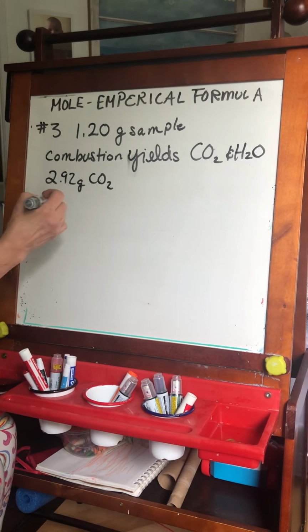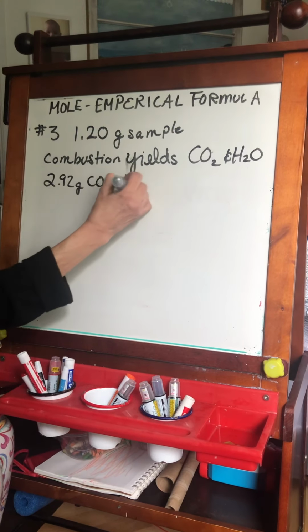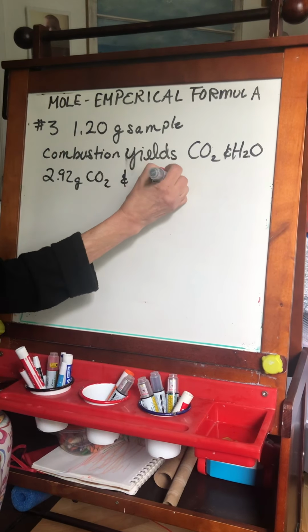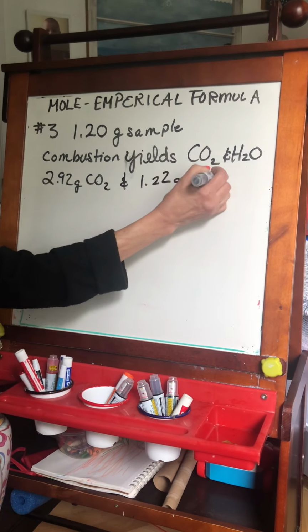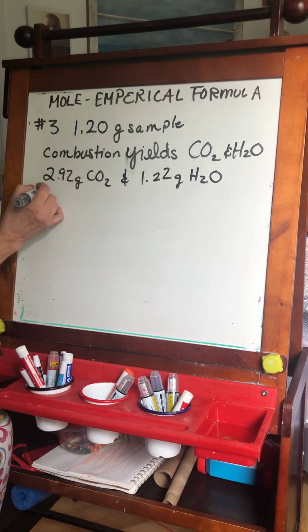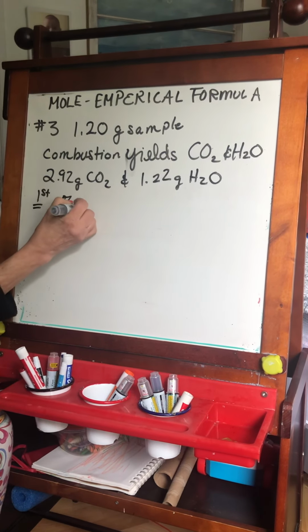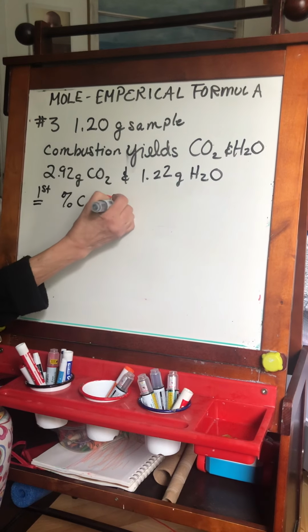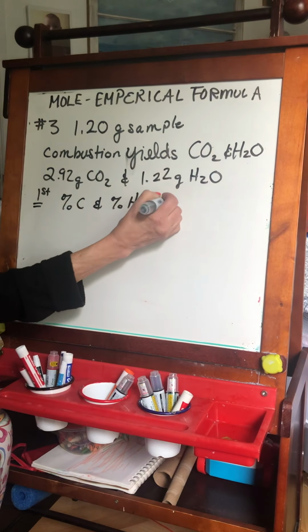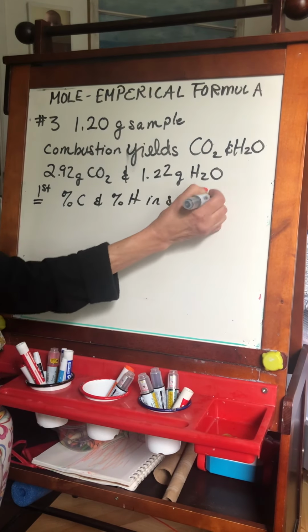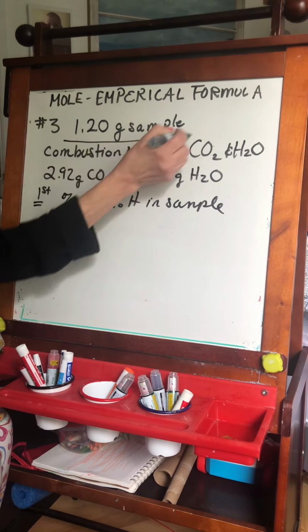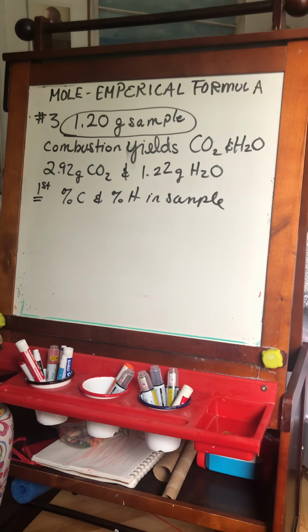And we have 1.22 grams H2O. So your first step is to find the percent carbon and percent hydrogen in your sample. And remember, your sample size is 1.20 grams.